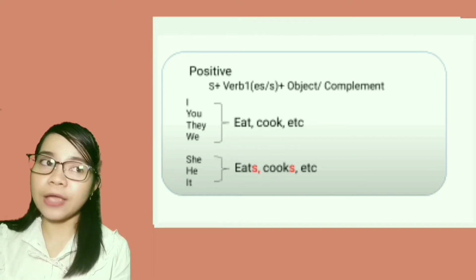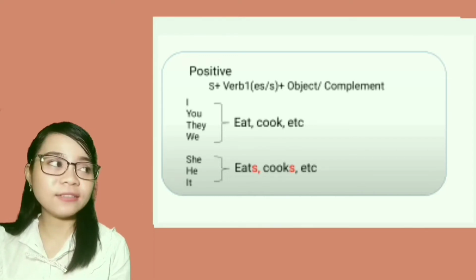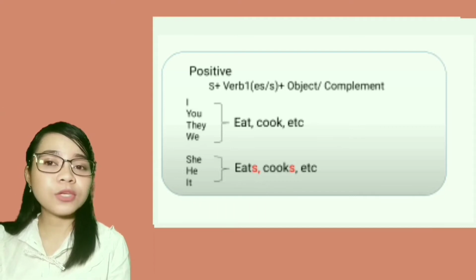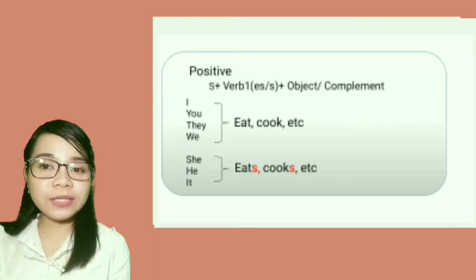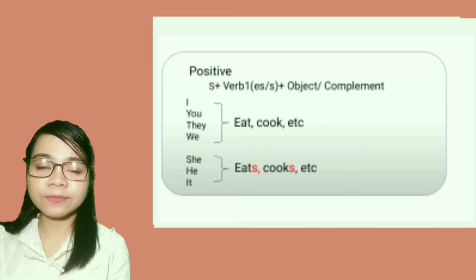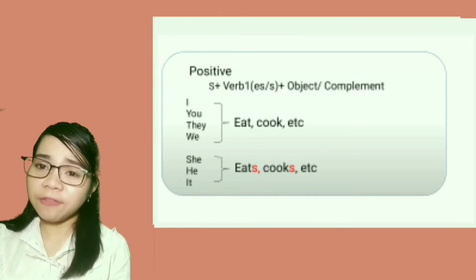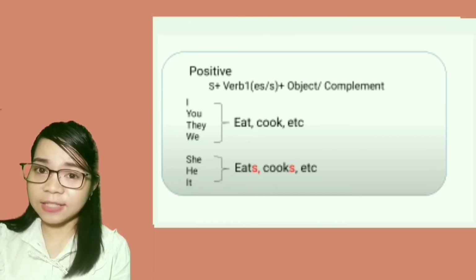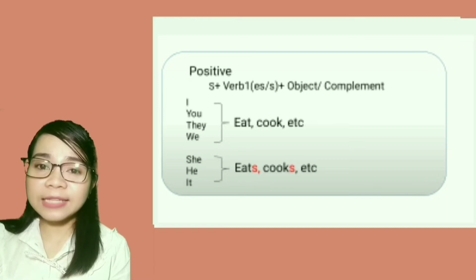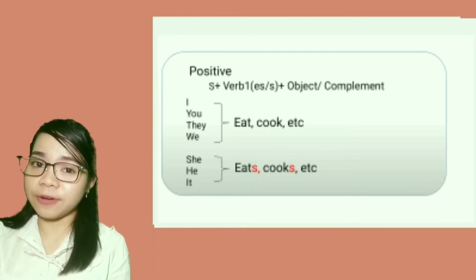For example, I go, I eat, I cook, you eat, you go. We eat, we go, we cook. But if the subject is she, he, it, you need to put s or es at the end of the verb.